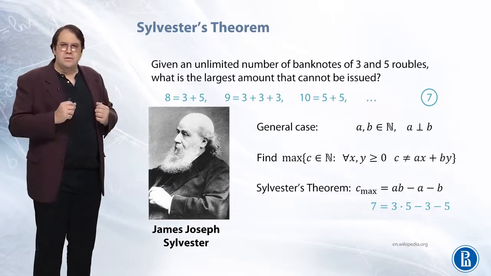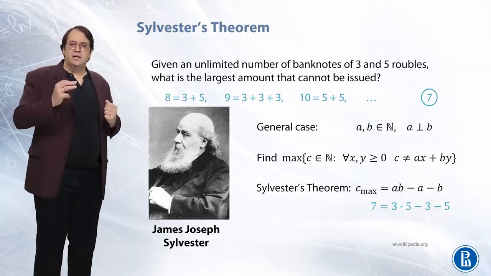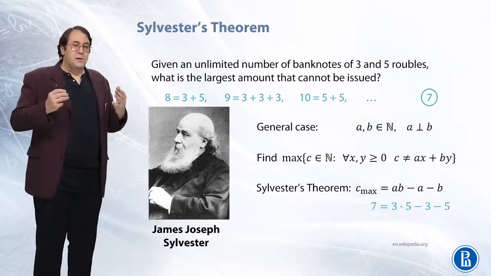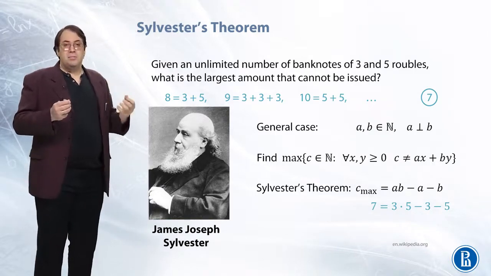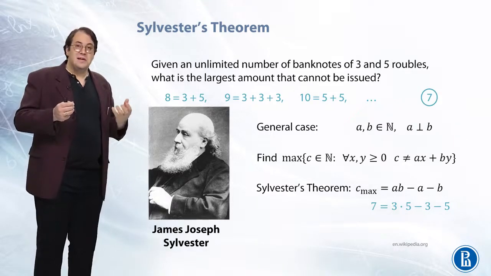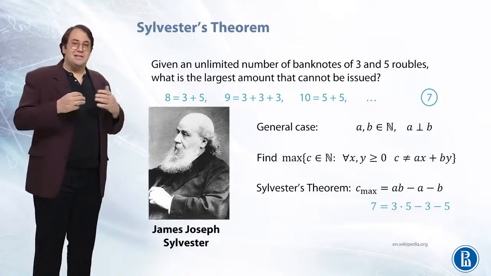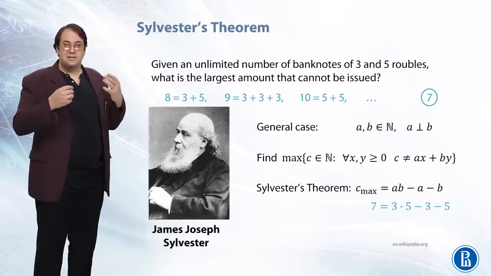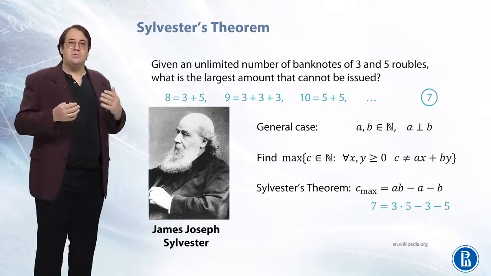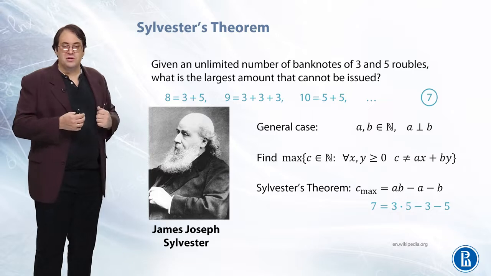Let's check this theorem first. Take a equal to 3 and b equal to 5. Really, 3 multiplied by 5 is 15, minus 3 is 12, minus 5 is 7. Indeed, 7 was the greatest amount that could not be issued by banknotes of 3 and 5 rubles.